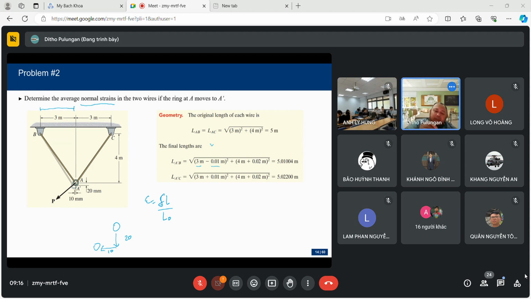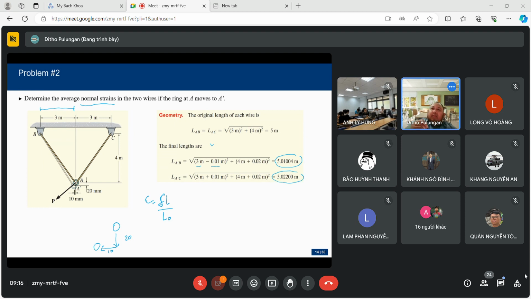In the Pythagoras, you subtract 10 millimeters from the 3 meters. And then you do the same thing. How about the y? The y distance, since this is going downward, you add them, 4 plus 0.02. So this is the new length of AB. This is the new length of AC.